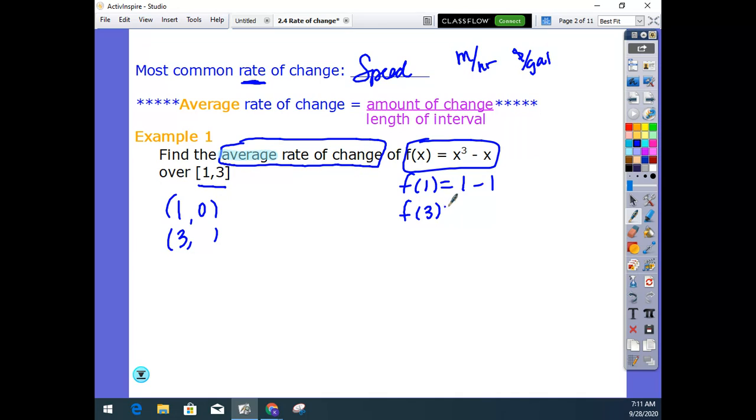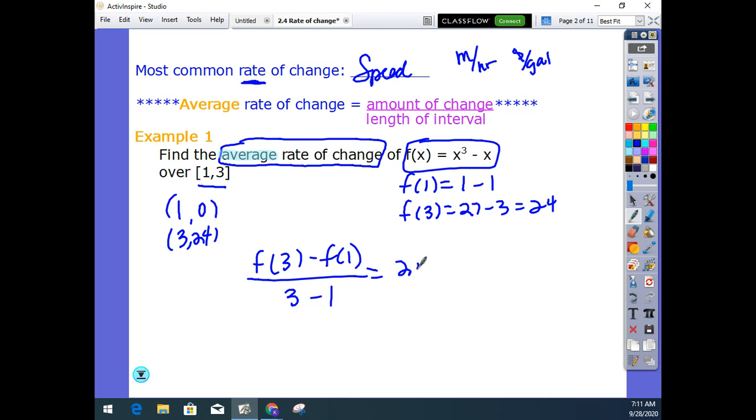F of 3 is 24. Then the average rate of change is really just your slope. So we just take the y value minus the y value over your x minus your x, which is 12. So key: average is slope.